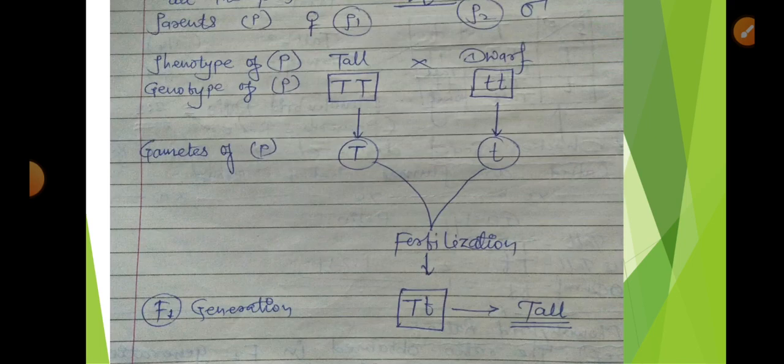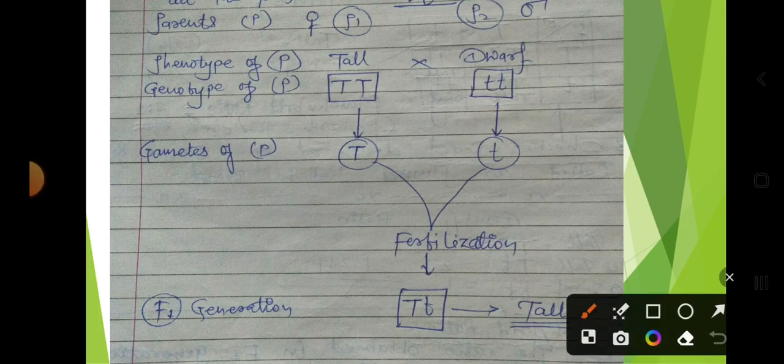Let's see this with an example. Here one male and one female plant are crossed. The female plant with phenotype tall and the male plant with phenotype dwarf are selected for crossing. The genotype of the tall plant is capital T, and the genotype of the dwarf pea plant is small t.